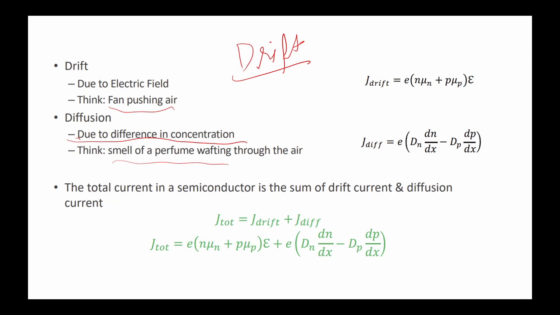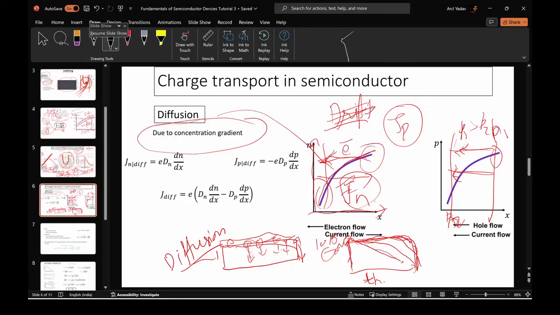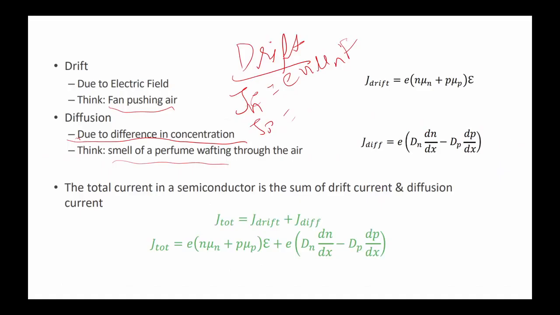So the drift current J is given by Jn and Jp, two currents, one for the holes and one for the electrons. Jn is given by e n mu n into the electric field, which we denote with F. You can see my screen, right?